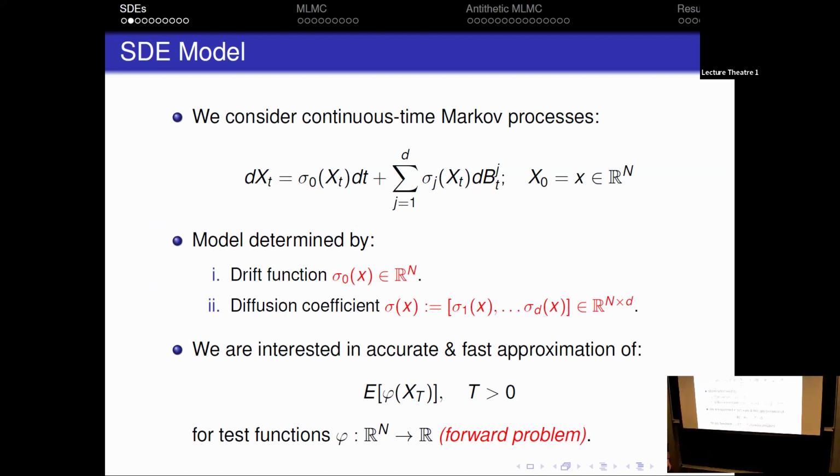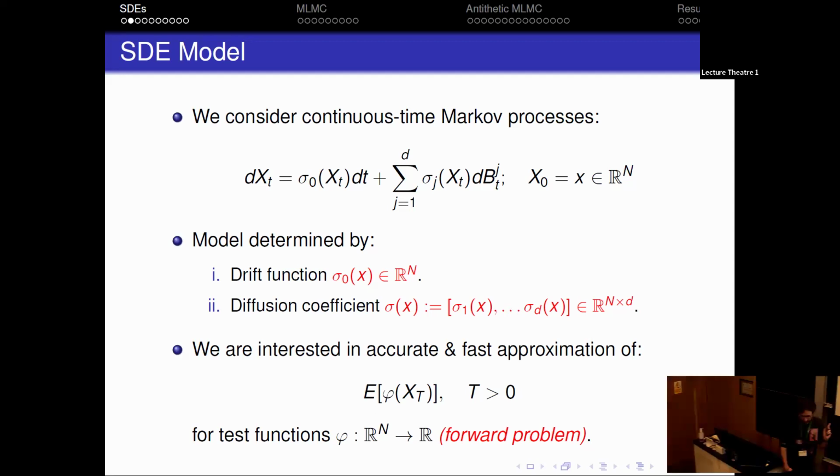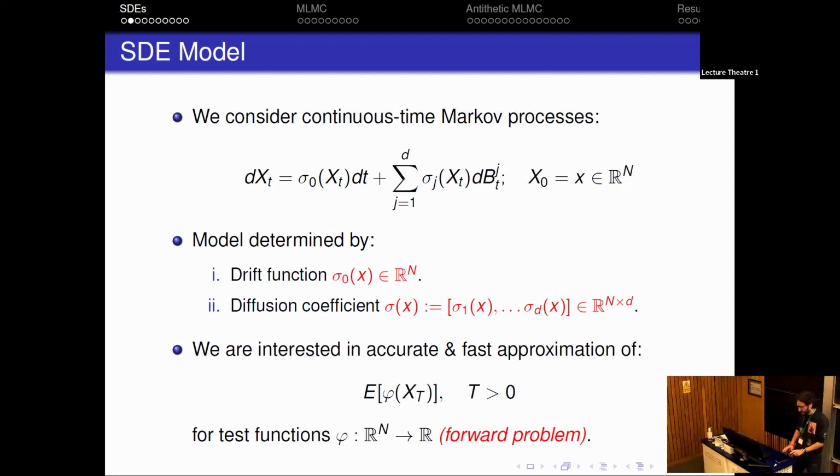A lot of effort was made by Yuka to come up with methods that also apply to hypo-elliptic SDEs. There are some complications in the proofs, but otherwise the objective is the same, no matter if you have an elliptic or a hypo-elliptic SDE. You are interested in an expectation of this type. This is what we call the forward problem in the paper we have submitted.